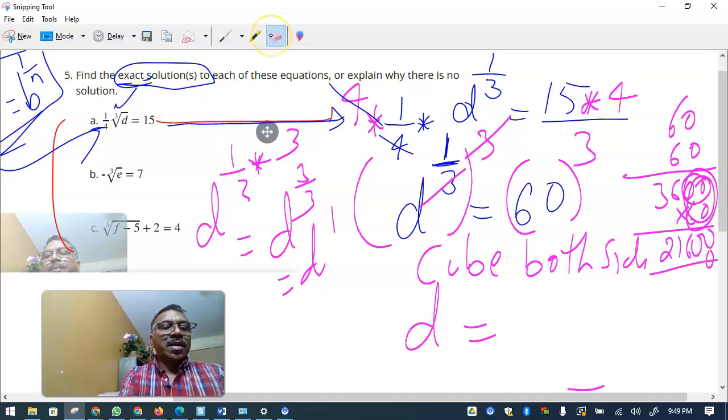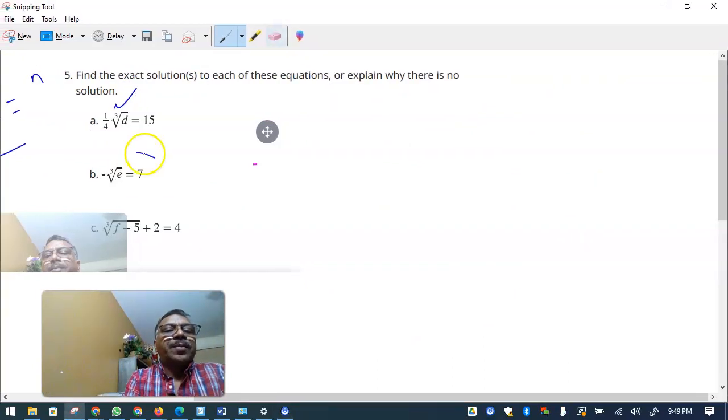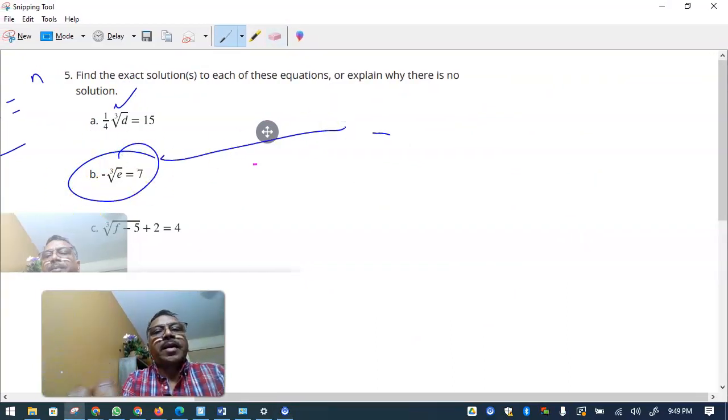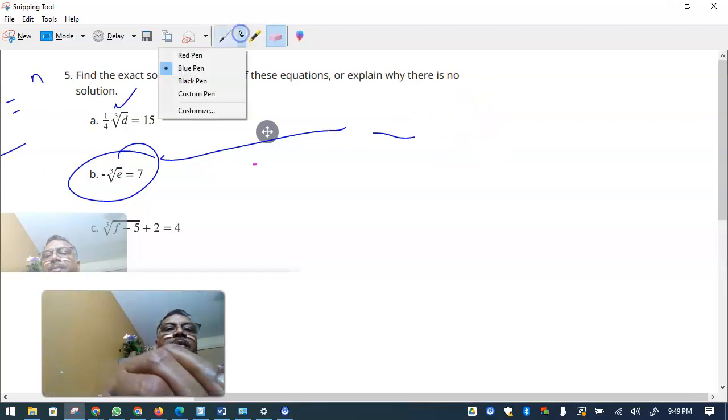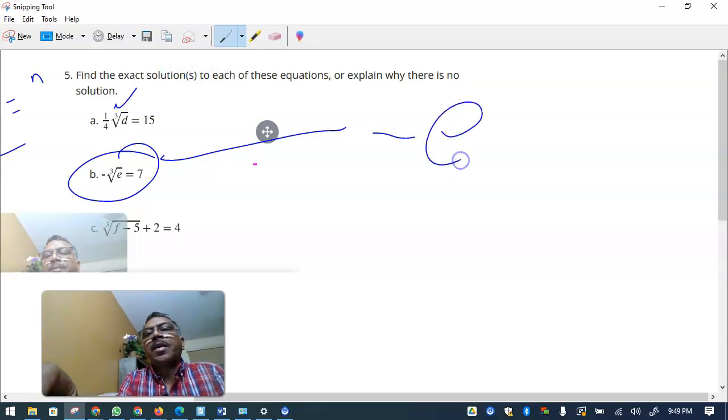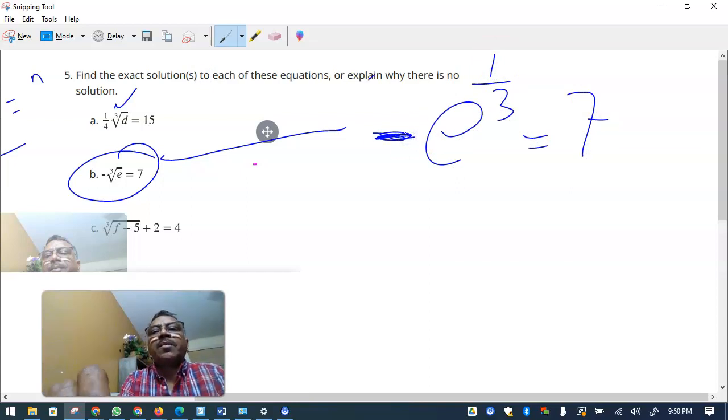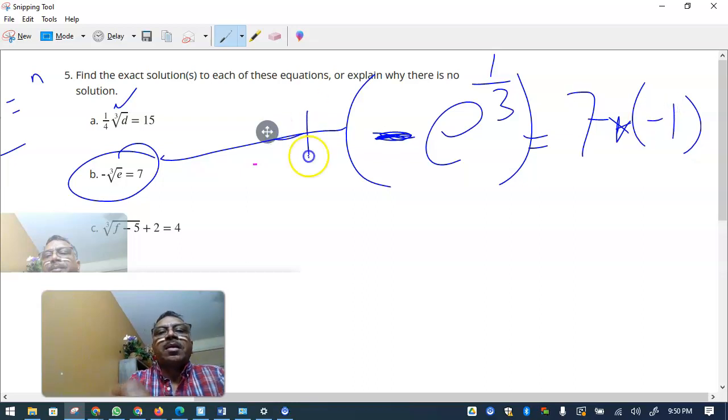Then let's go to the second question. Now for this question, let me write it again. It is a cube root. Now cube root means it is e raised to 1/3 equals 7. Now there's a negative. You can't have a negative e, so you multiply both sides by -1.